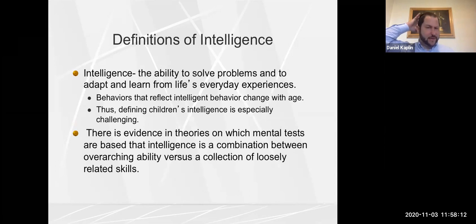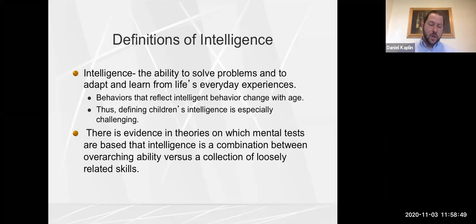So let's define intelligence, and we're going to explain different ways to view intelligence and many different definitions of intelligence. But the standard definition of intelligence is the ability to solve problems and adapt and learn from everyday life experiences. And what determines a person's level of intelligence is going to depend on their age. So it's your mental age is dependent on your chronological age.